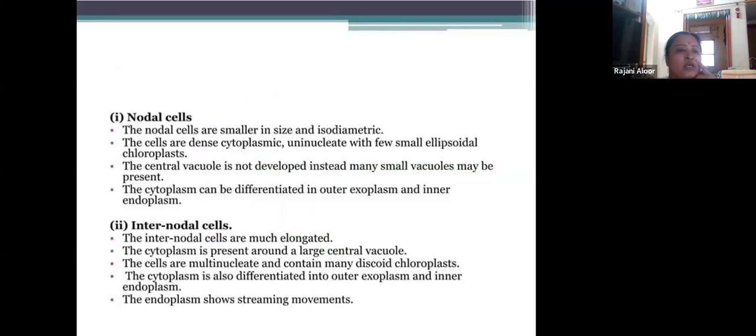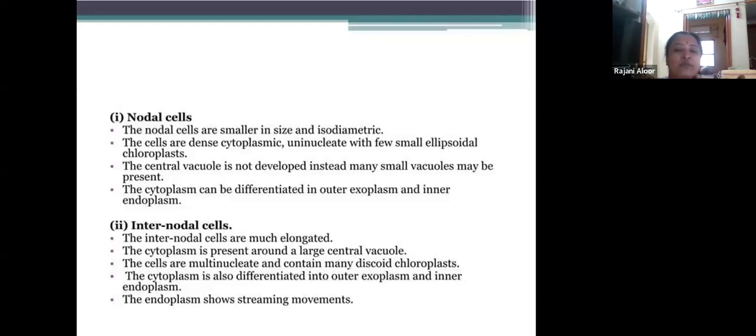First, I'll explain the nodal cells. They are smaller in size and isodiametric, with dense cytoplasm, uninucleate, few small ellipsoidal chloroplasts, and the central vacuole is not developed.